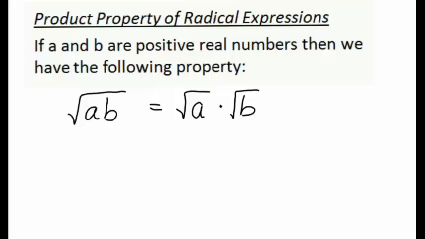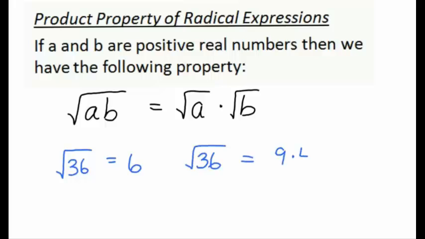Now, if you want to see this with a numerical example, let's take the number 36. We know that the square root of 36 is equal to 6. But it's also true that 36 is equal to 9 times 4.